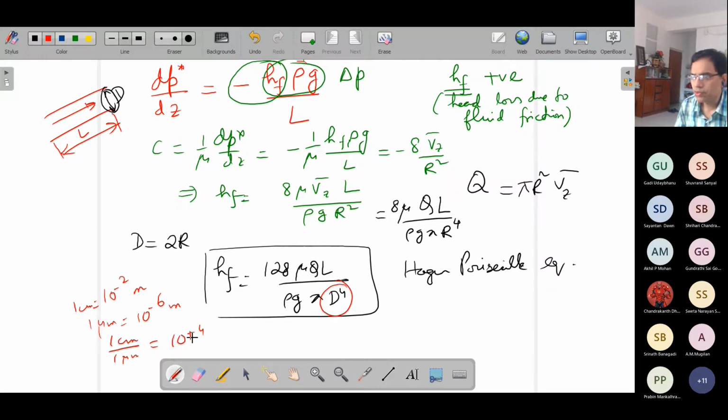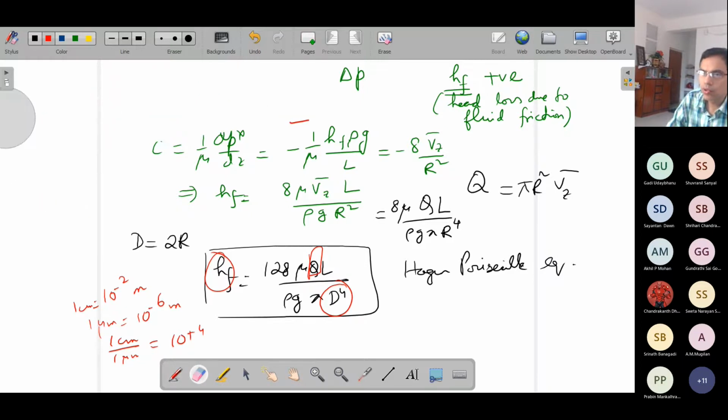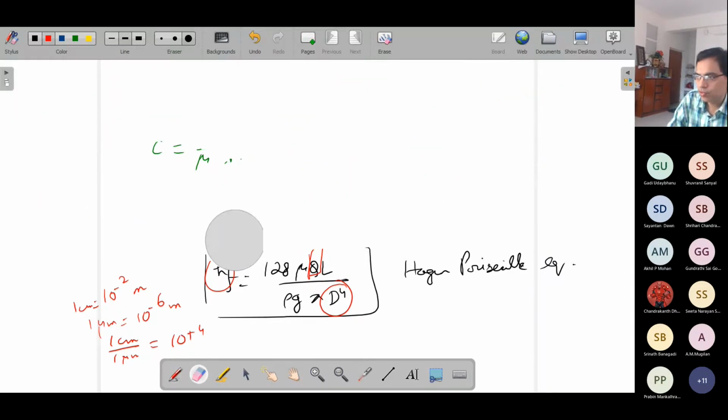So 10 to the power 16 times the head loss will increase for a particular flow rate. That means a tremendous pumping power is required to drive the flow. And that is why alternative mechanisms of driving the flow are so important in microchannel transport.